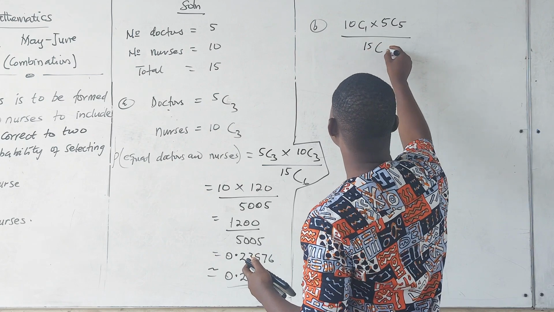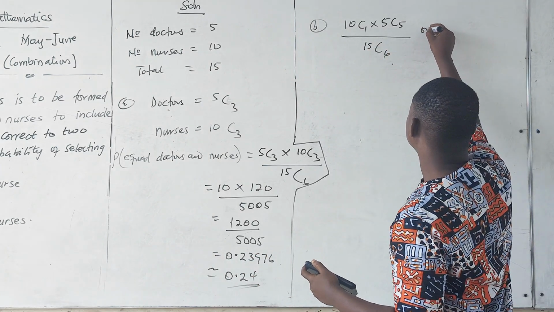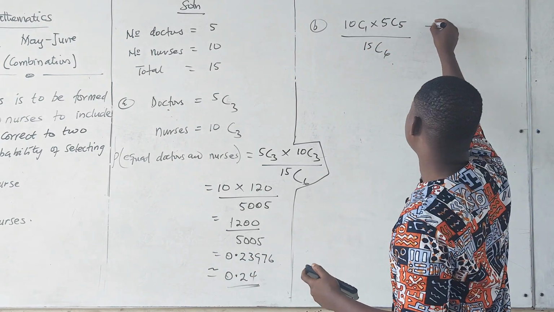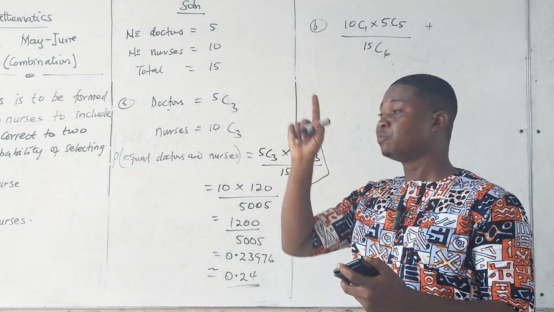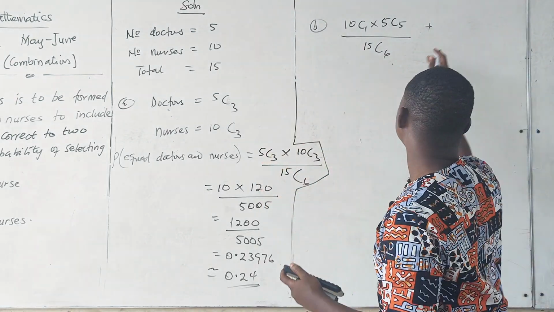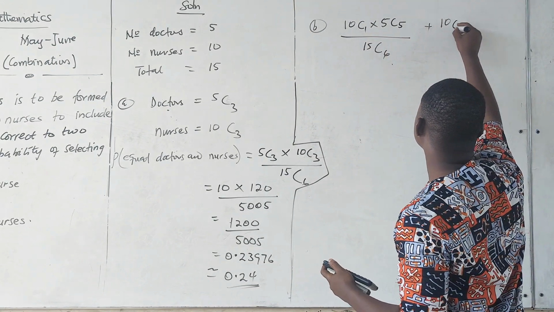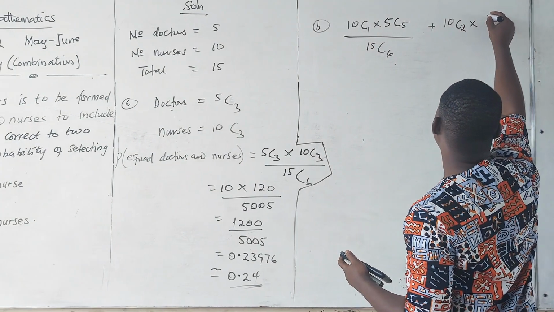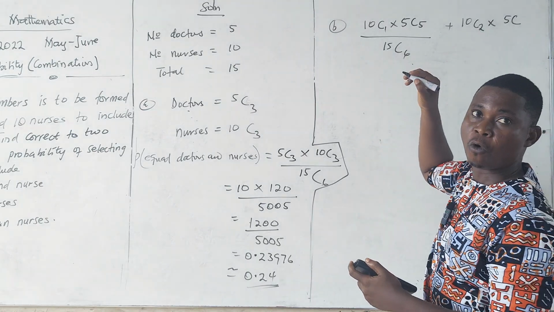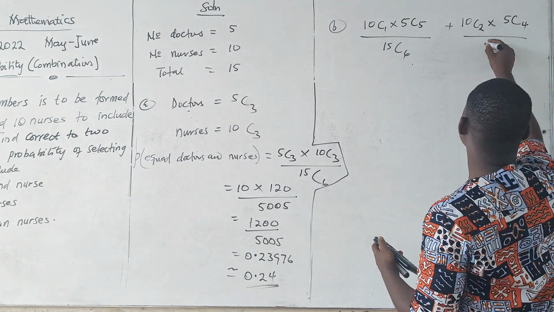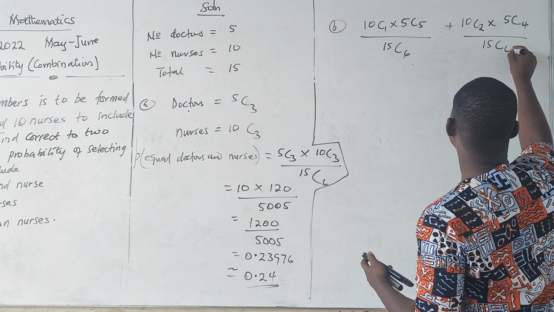15 combination 6, or, where the or becomes plus, the next should be 2 because it means at most 2. If there are 2 nurses, we are choosing 2 from 10, times 5 combination 4, because the doctors will be 4, all over 15 combination 6.